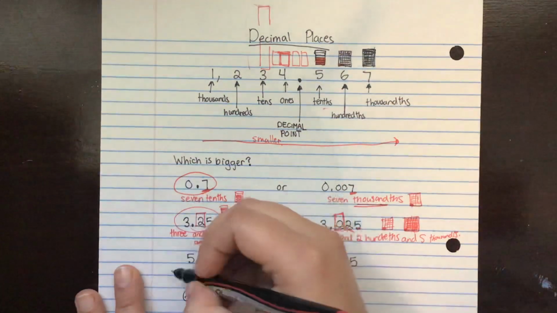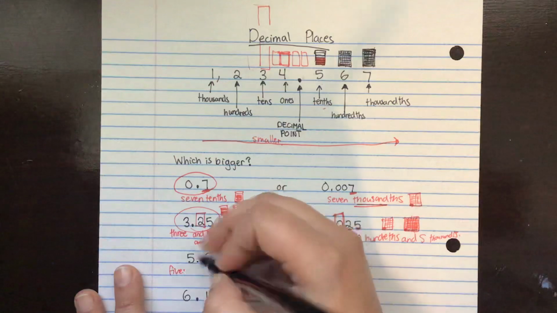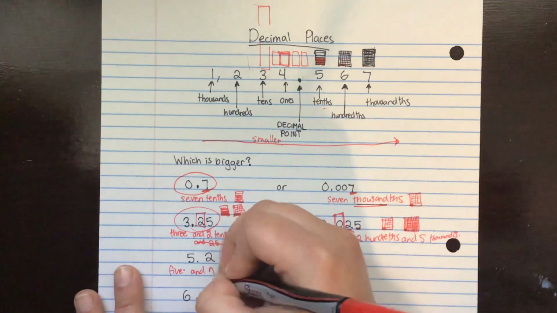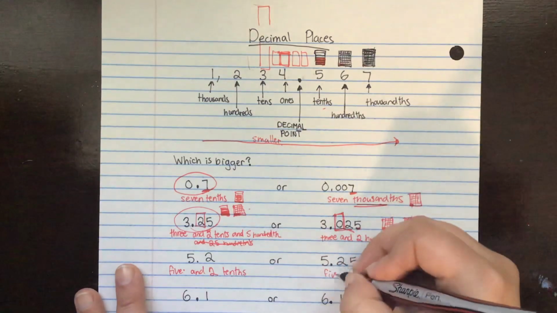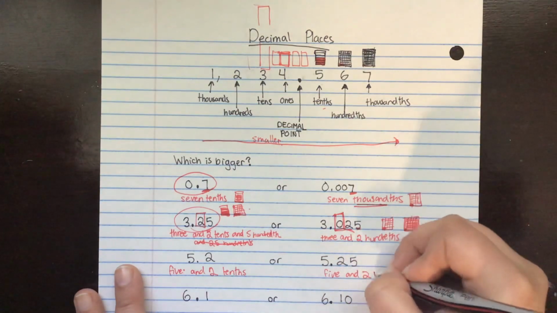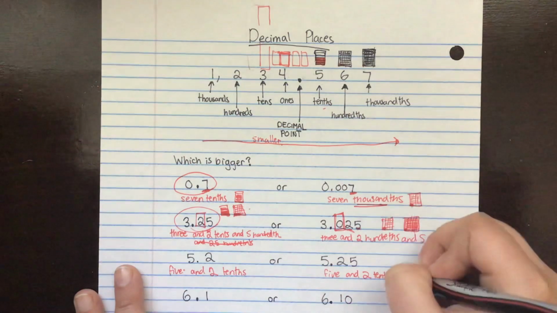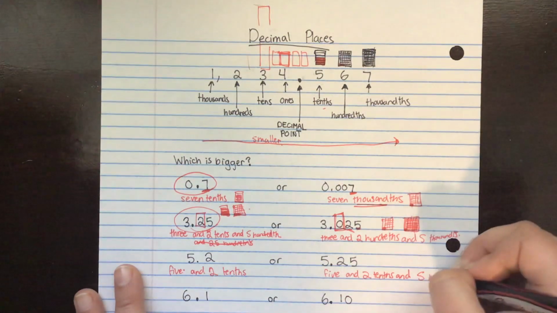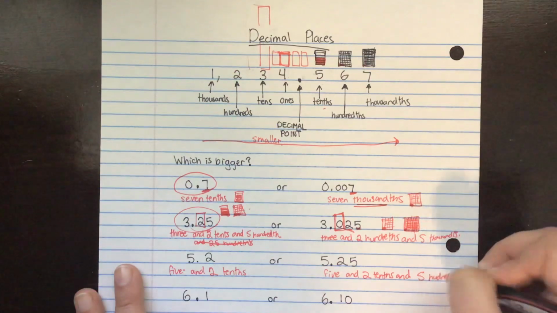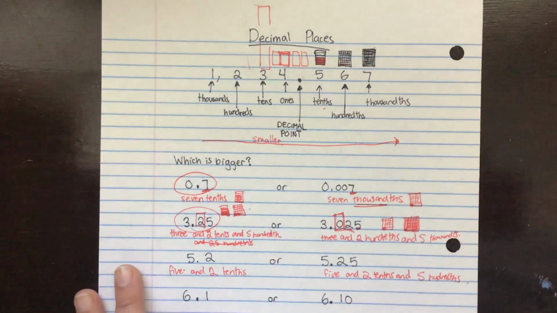Let's look at this one then. So I have 5, and it's in the first place, so 5 and 2 tenths. And then I have 5 and 2 tenths and 5 hundredths. There we go. So I'm going to use my trick from the last one here.